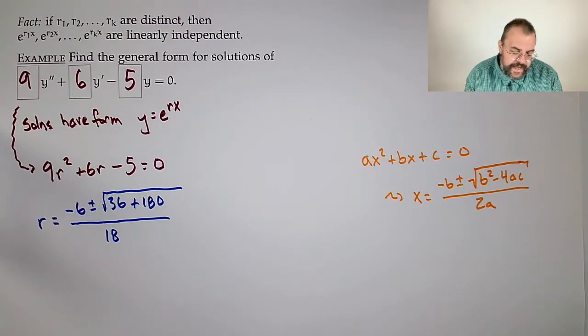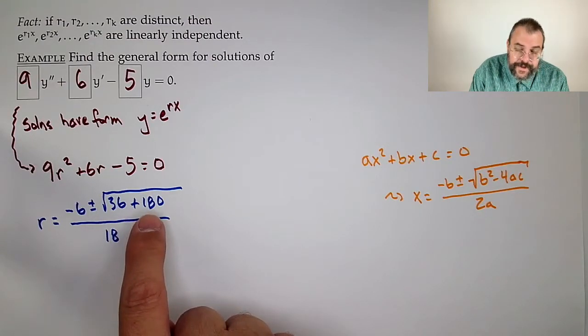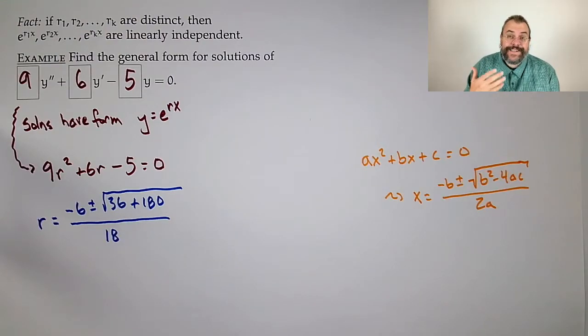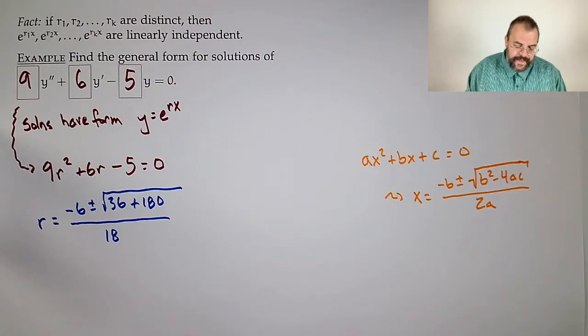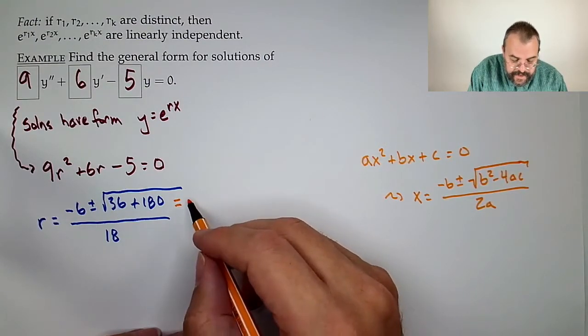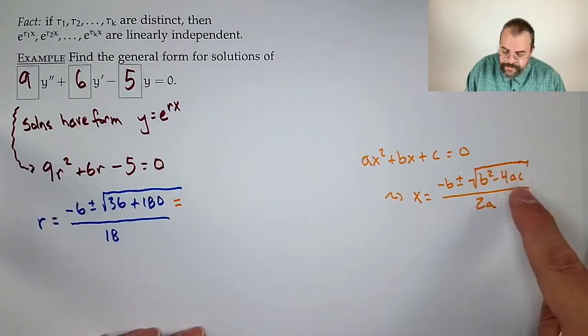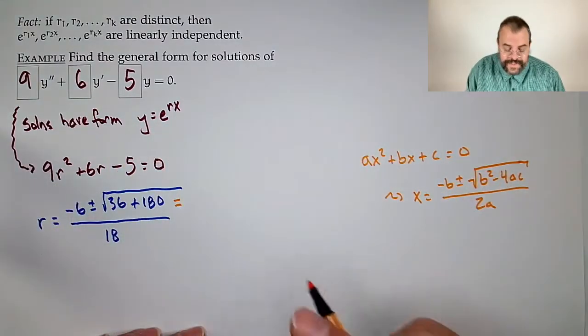Now, we can actually make a quick observation before we go too much further. Let's look at what's inside the square root. We have 36 here. Notice that 180 is actually a multiple of 36. I don't know if we can spot that quickly, but we can spot it slowly. If you take 36 times 5, you'll get 180, because 9 times 4 is 36.